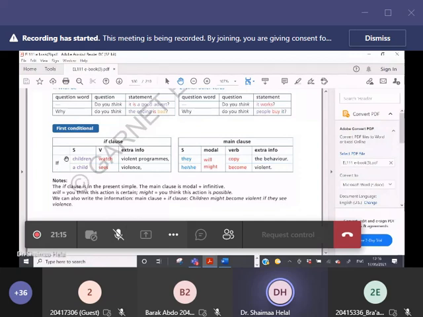In the if clause, we're going to add "if," and then we have the subject. This subject, maybe it is singular or plural, it's okay, followed by the verb, and then the extra information in the sentence, and then you are going to add a comma, and then complete the sentence with the main clause: subject, modal plus the verb, plus the extra information.